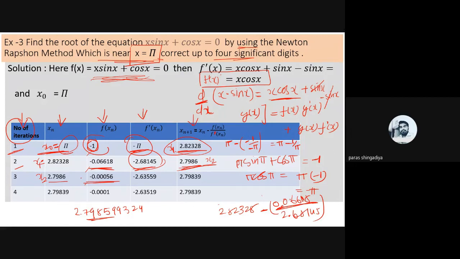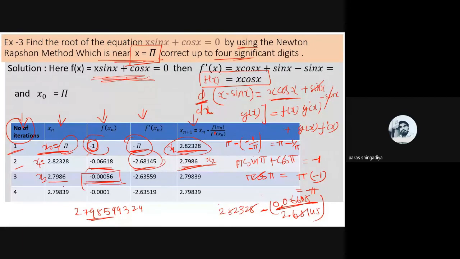x into sin x plus cos x. This answer you will get minus 0.00056.